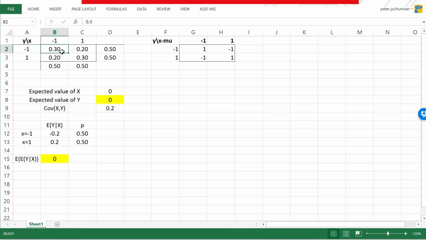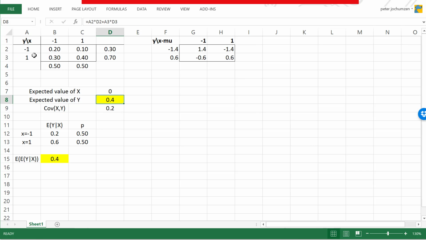So you can do something which is not symmetric, let's say 0.2, 0.1, 0.3, how much have I left? 0.4. Covariance came out to be 0.2. The expected value of y is 0.4.